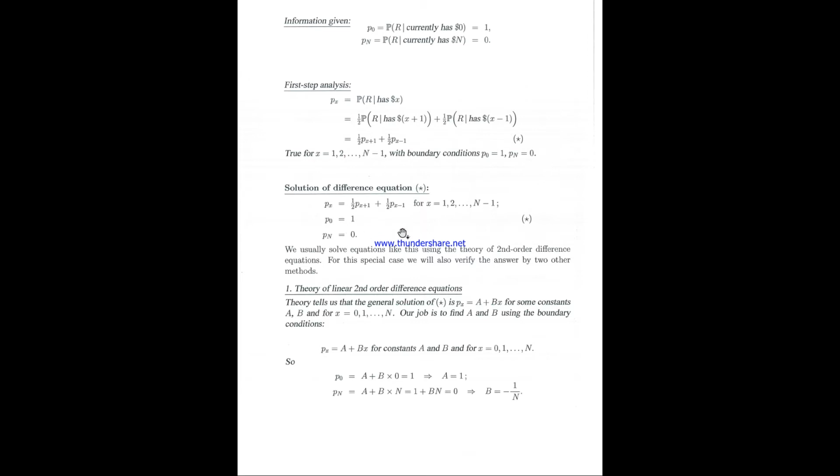So if you solve this with the boundary conditions, we know X goes from 1 to N minus 1. X can start from 0 to capital N, but since you have two special conditions for X0 and X capital N, when you take this equation, X starts from 1 to capital N minus 1.